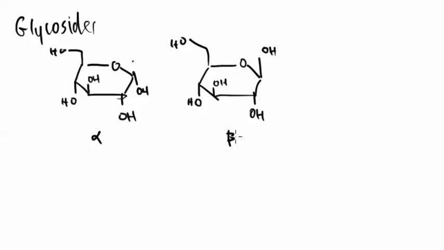What about the alpha and the beta? If I look at the alpha, I see an OH group that points down and an OH group that points down. And if I look at the beta version here, an OH points up and an OH points down. So this is kind of a cis notation, and this is almost a trans notation.